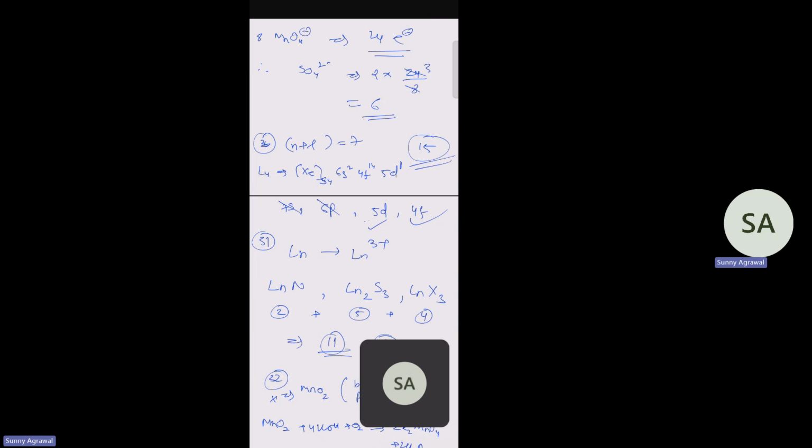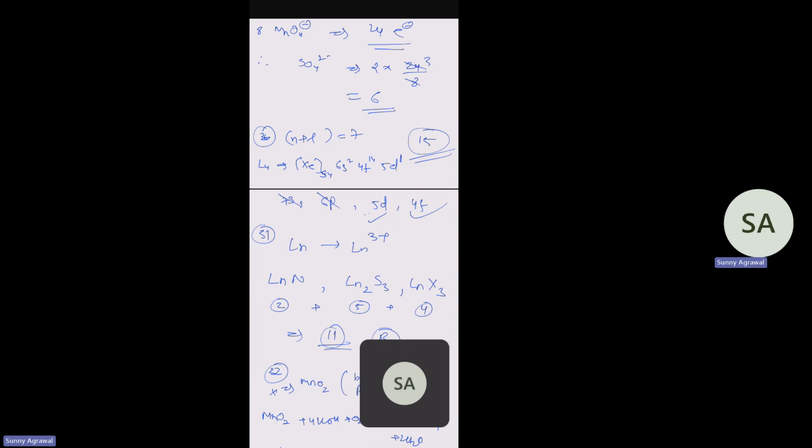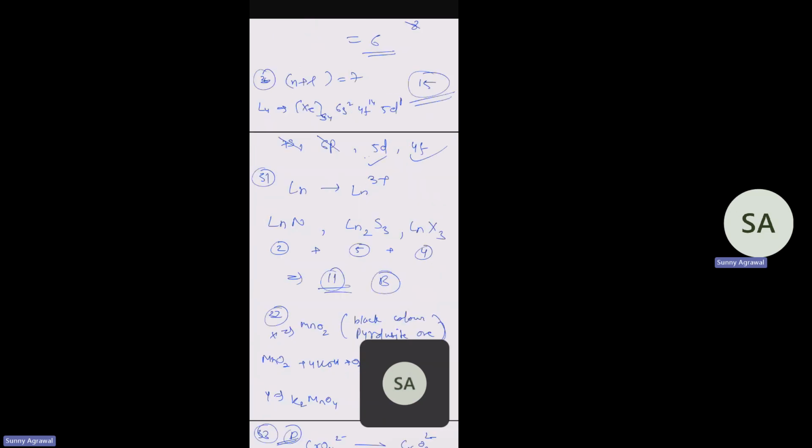Question number 31. The heavier member of lanthanoid series metal reacts with N2, sulfur, and halogen. Lanthanoid series generally shows +3 oxidation state. So they will form LnN with nitrogen, whose atomicity will be 2.